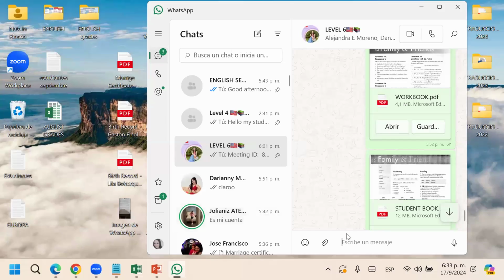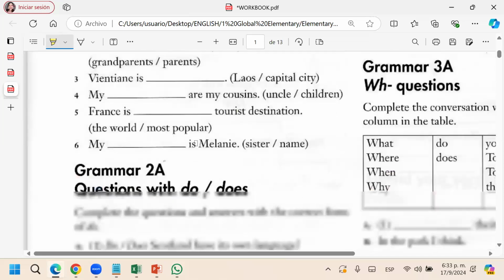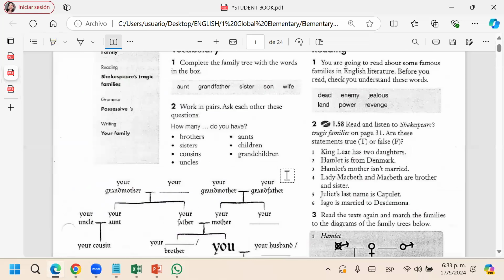Let me send it here, so you have it here. Talking about families, Daniela, do you have siblings, sisters, brothers? Yes, one sister, Rebecca. So you can say my sister's name is Rebecca, if you have just one.